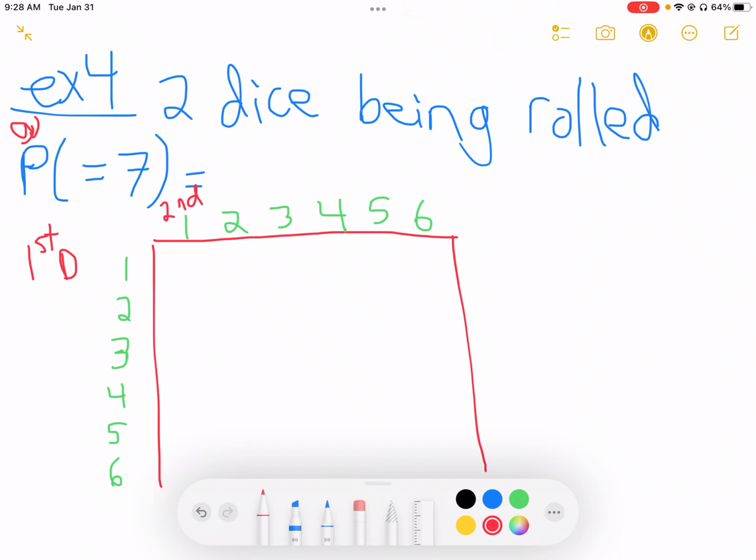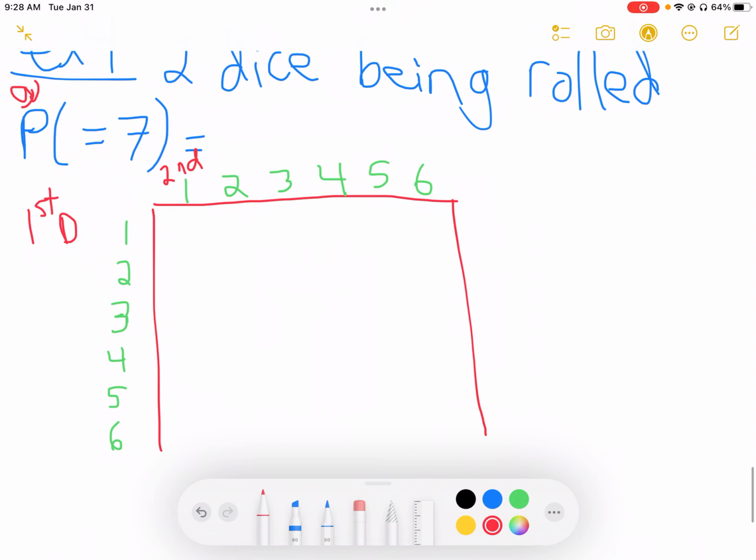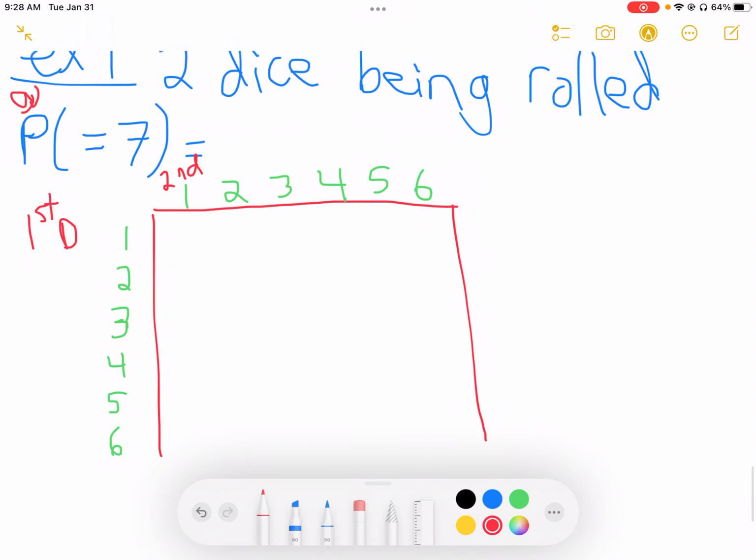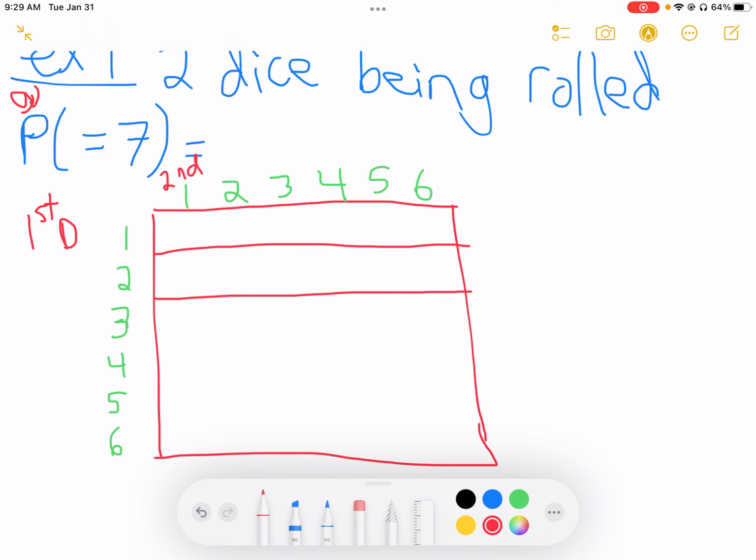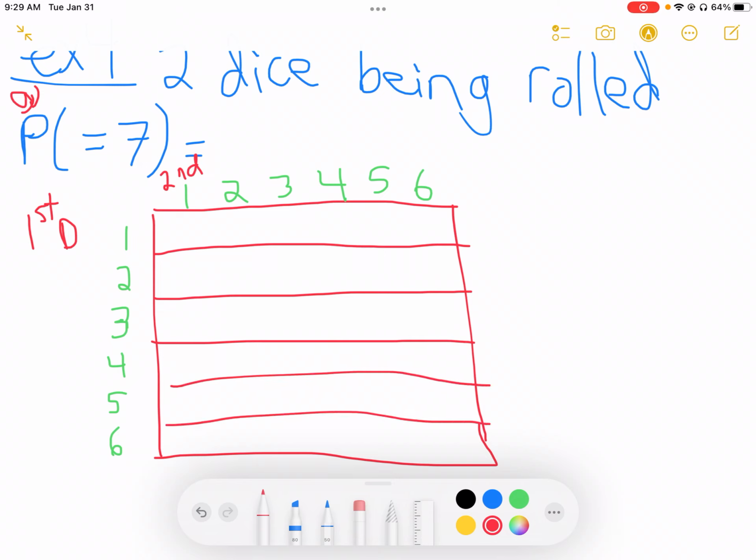And if I go ahead and look at this, I'm going to scroll down, 2 dice being rolled, then I can see the possibilities here. So if I just rolled my 1, I always get a 1. If I rolled my 2, I always get a 2, 3, 4, 5, and 6.